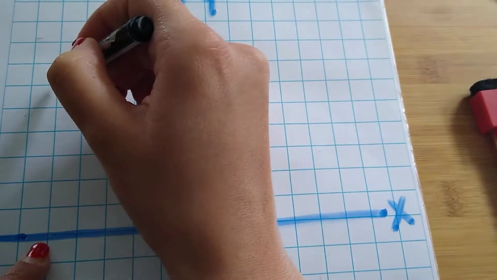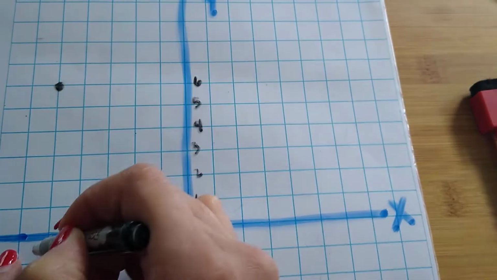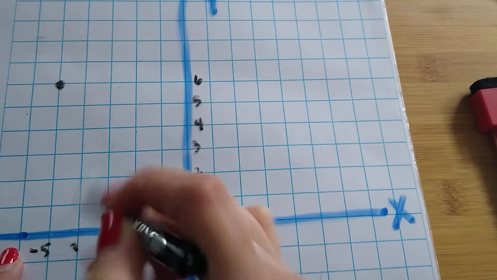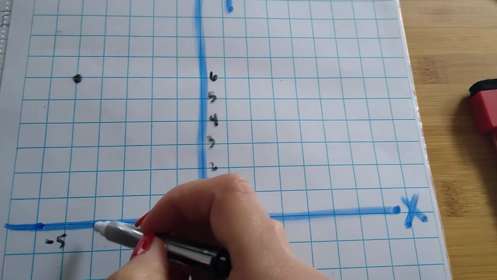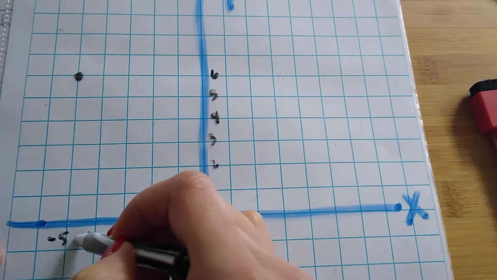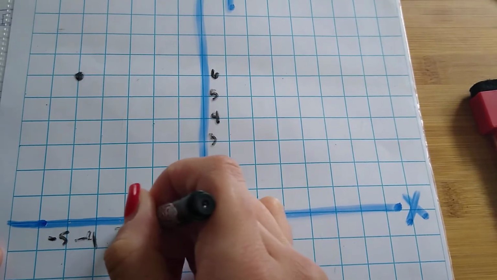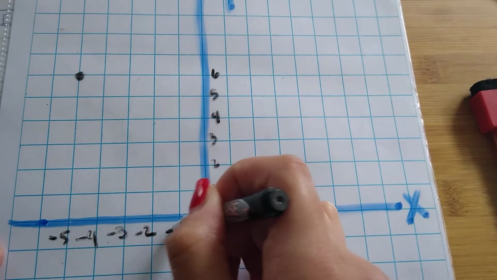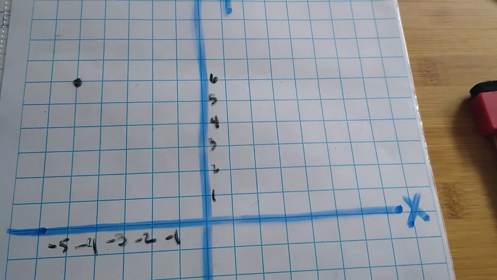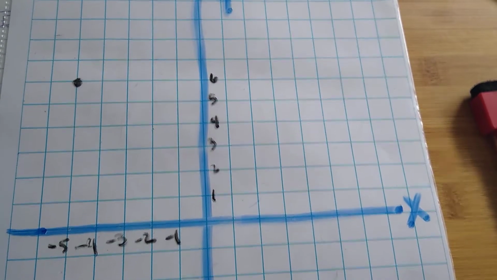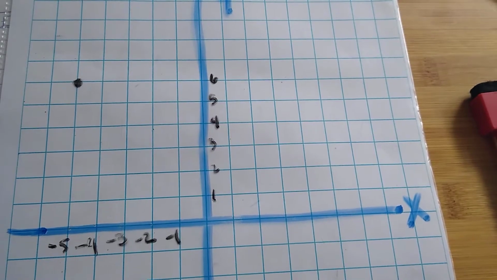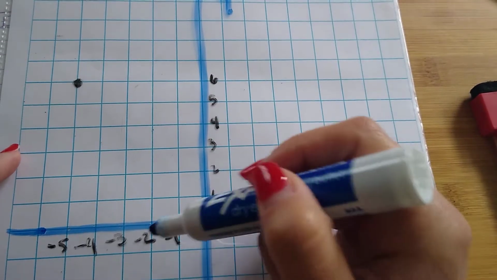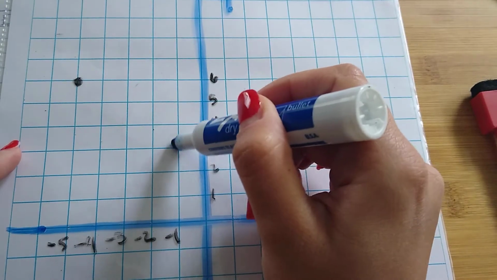Right there. So this is -5, -4, -3, -2, -1. And then our other point, the center, is at -1, 3.